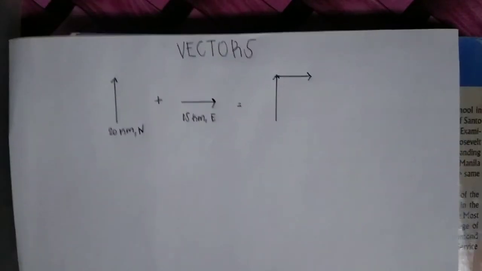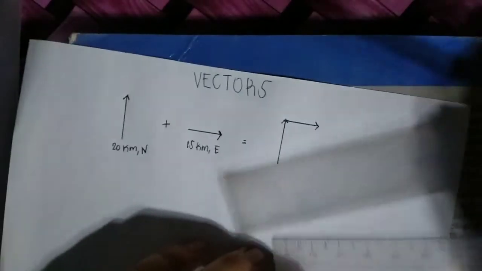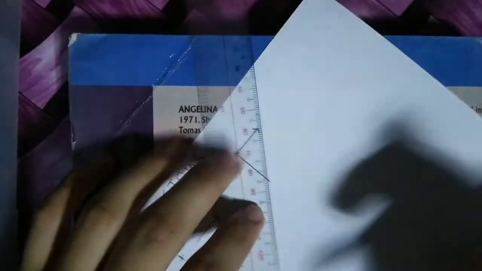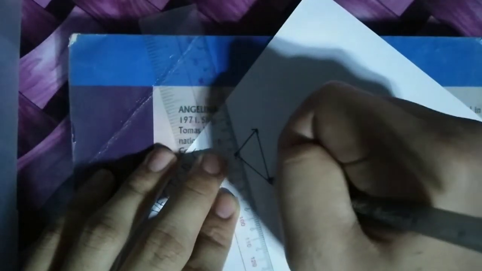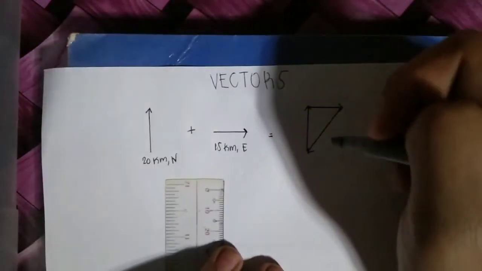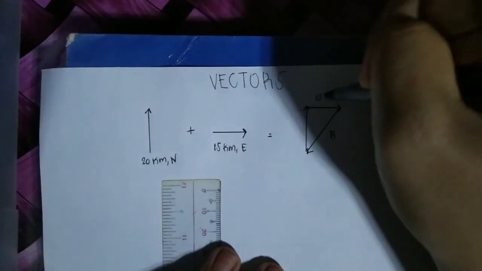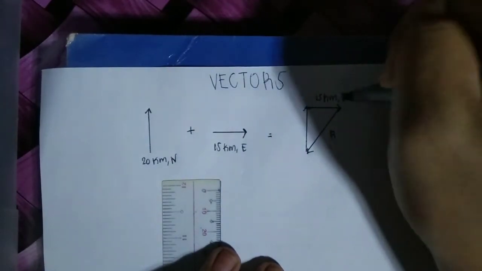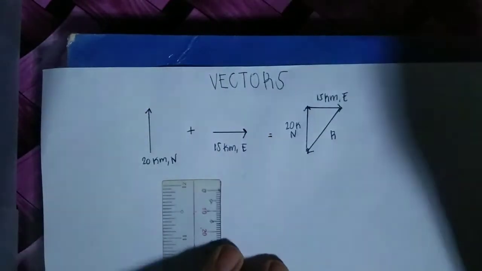So now we will find the resultant. The resultant will be this. So we will label it resultant. The 15 kilometers east and then the 20 kilometers north.